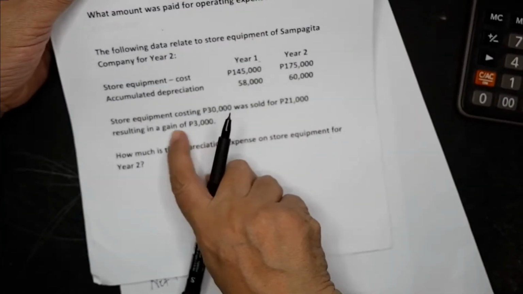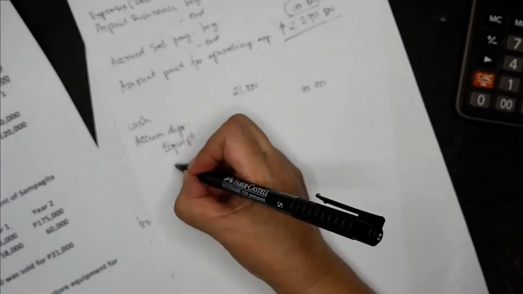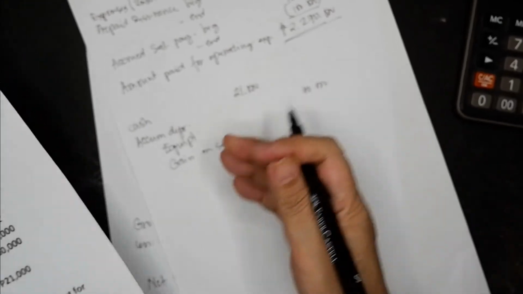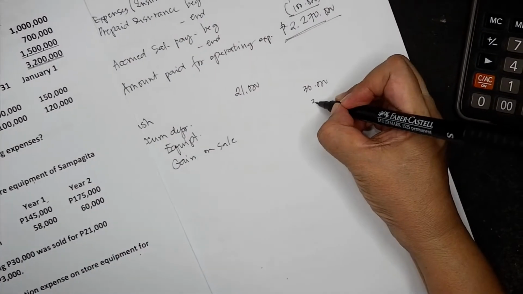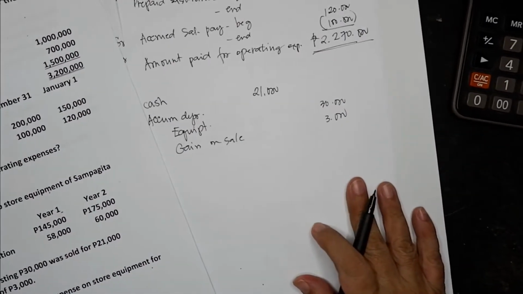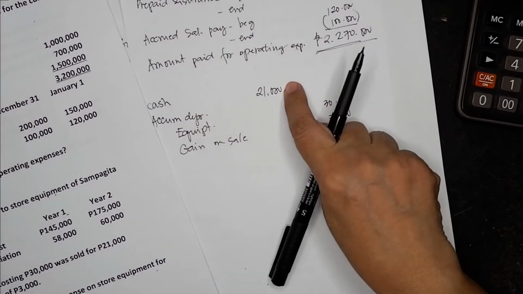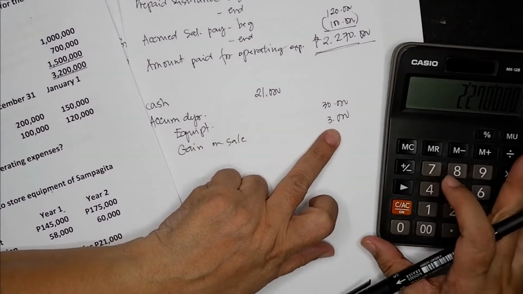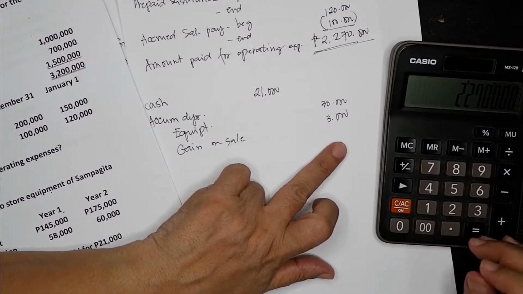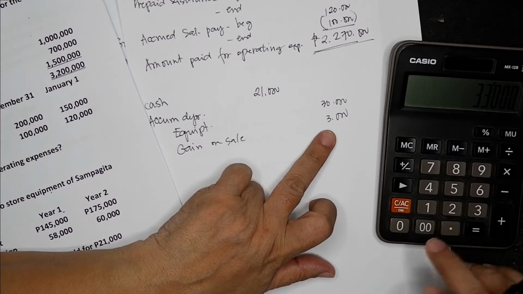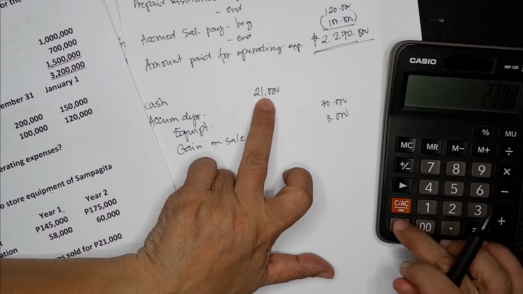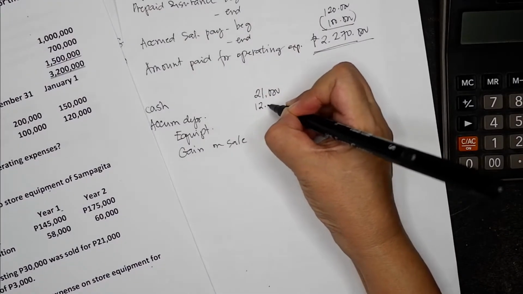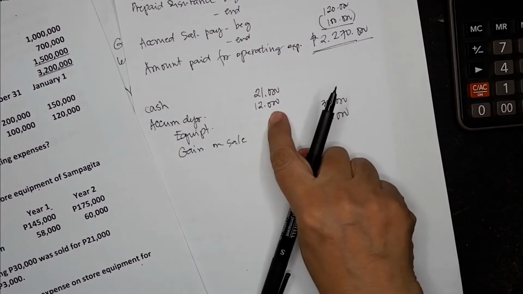And it says there is a gain of 3,000, so gain on sale of 3,000. Okay, so fill in the blanks. Debit cash, 21,000. Debit accumulated depreciation, equipment, blank. We have equipment of 30 and gain of 3,000. So, we have 33,000 on the credit side minus 21,000. So, the accumulated depreciation of that equipment is 12,000.